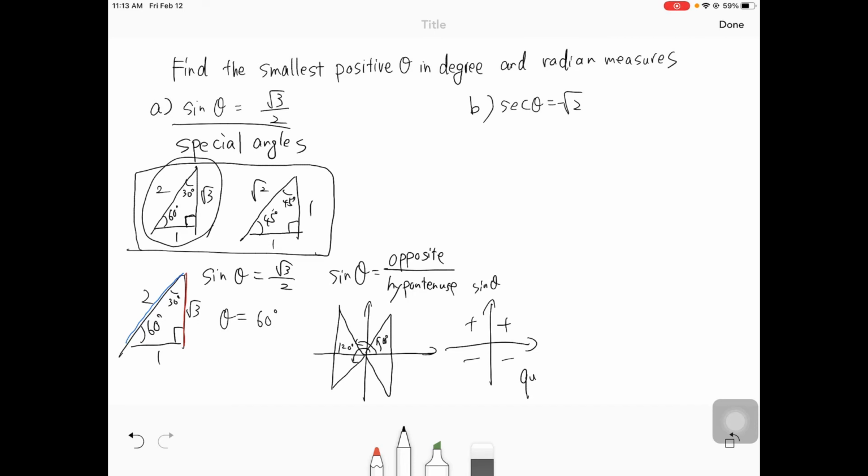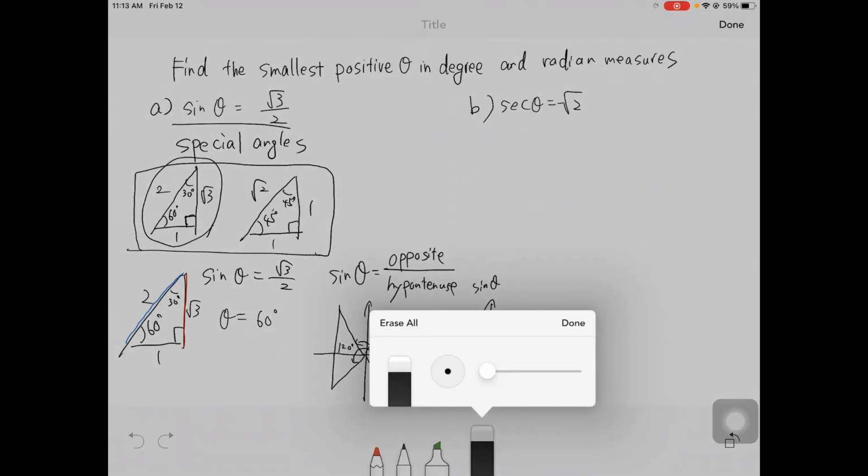You need to know quadrant. Okay. In this case, the value is positive, so theta is going to be in the first or second quadrant. And of course, the first quadrant is the smallest angle, so the value is 60 degrees.